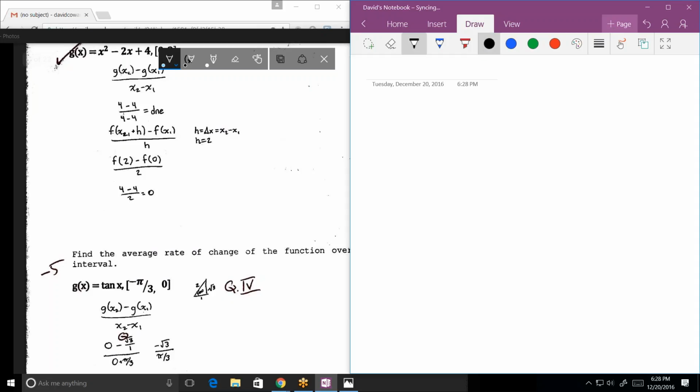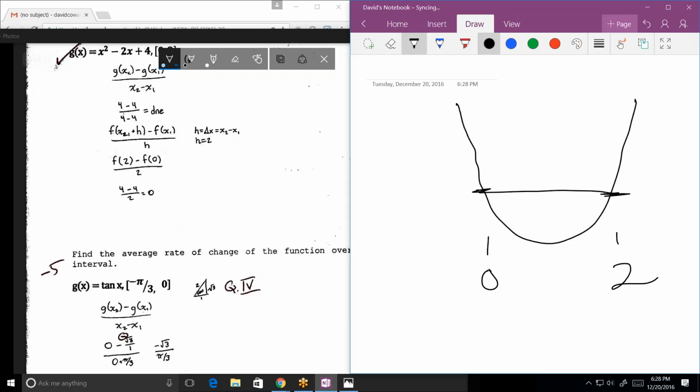We're looking at a quadratic that opens up. Clearly, the slope of the line between 2 points like that was a flat slope. So this point was 0, and this point was 2. And the average rate of change between those 2 points was 0. Remember what average rate of change means. It means slope.